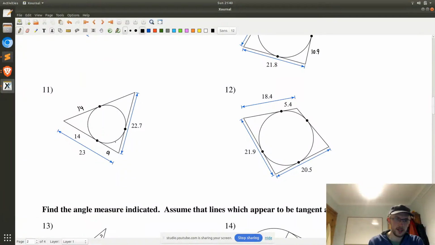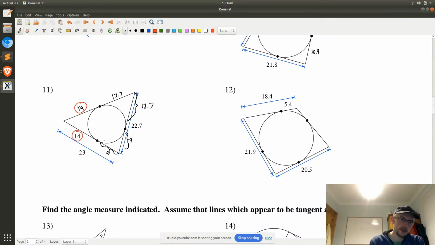So that's 9, that little bit right there. Likewise, that little bit right there is 9. And then 22.7 minus 9 is 13.7. And so this part here must be 13.7.